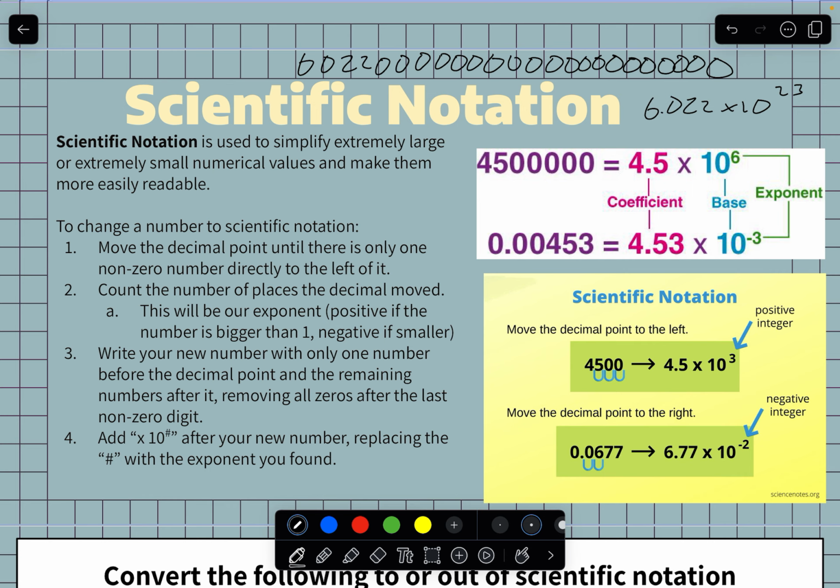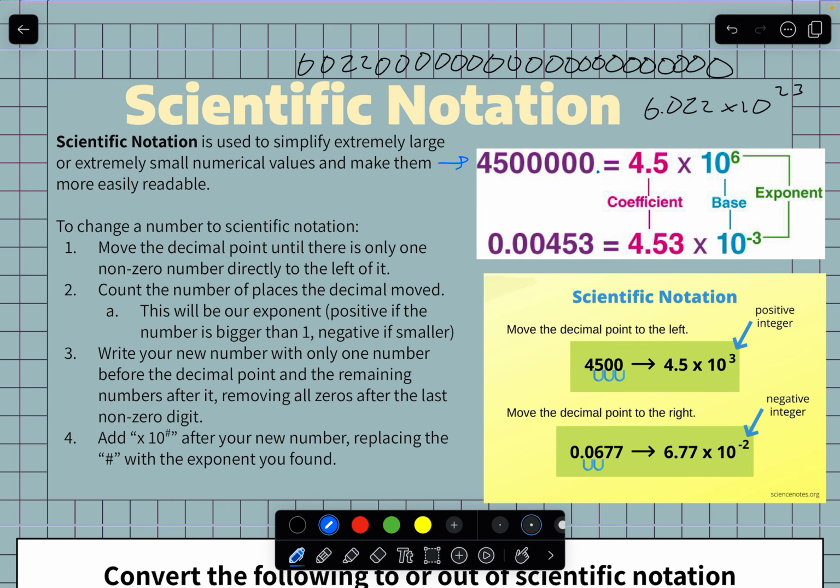Okay. So the steps to change a number into scientific notation are right in there. We're going to move the decimal point until there's only one non-zero number to the left of it. So for the example here, we have 4,500,000. If there's no decimal point shown, then the decimal point goes at the very end.